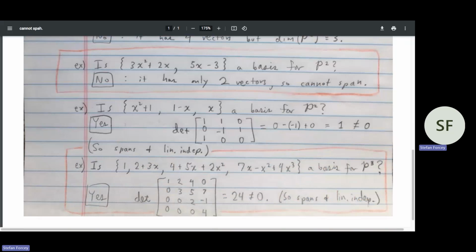So we write the matrix for that using the representatives in the standard basis: 1, 2, 3, 4, 5, 2, and 0, 7, negative 1, 4 for the 4 polynomials. And the determinant of that is 24, not equal to 0. So that means we know that it's linearly independent, but therefore it also spans because it has the right number of vectors.